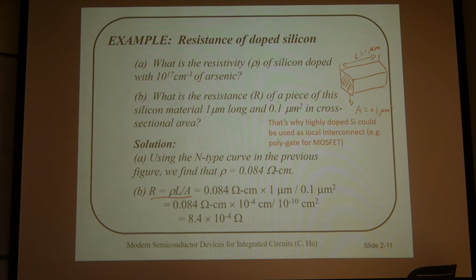Question? I think the final answer is 10 to the 4, not 10 to the -4. You mean the final answer? Yeah. The order of magnitude is wrong? I'm not sure. I think based on the equation there, it's 8.4 times 10 to the 4 instead of -4. So here, I think it should be correct because I copied from the textbook. But we can do it, right? Resistance sounds really low. This is a -6, right?